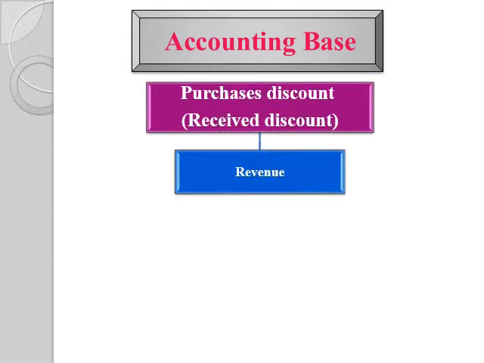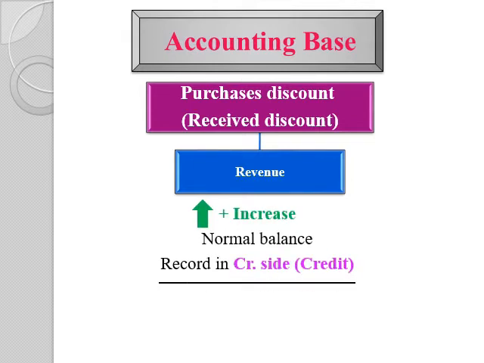The purchases discount or received discount is considered revenue, normal balance credit, so record in the credit side. So purchases normal balance debit because it is expenses.